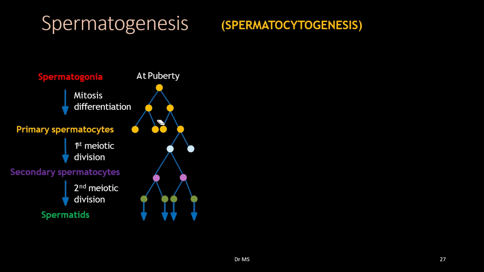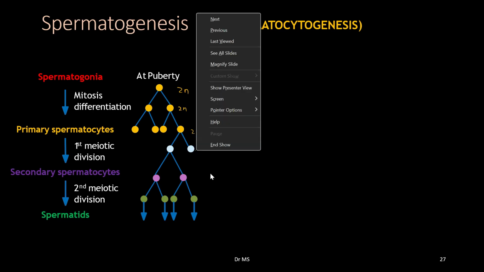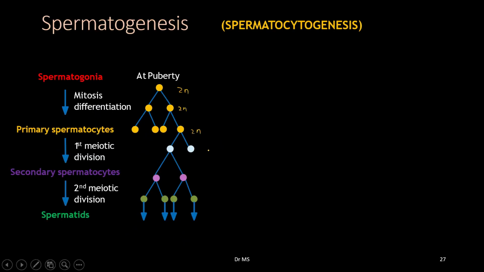So the single spermatogonia, or the single sperm germ cell, will convert into sperm mother cells, and many are formed. Once many are formed, they will undergo meiosis 1, the first meiotic division, and form secondary spermatocytes.